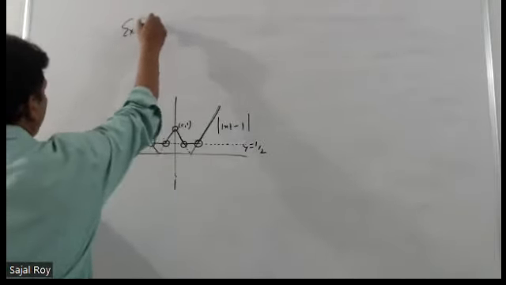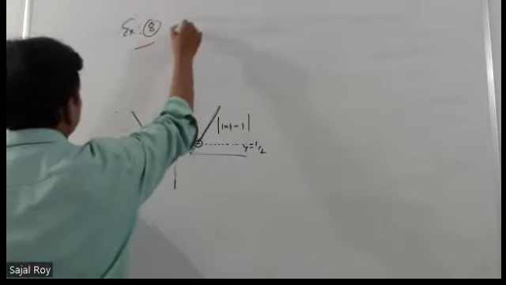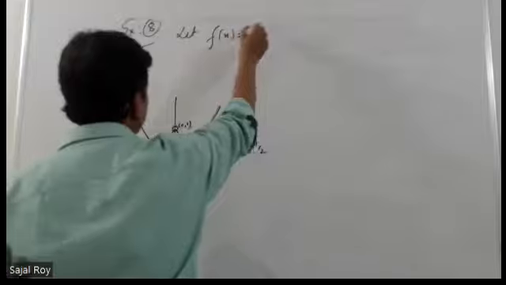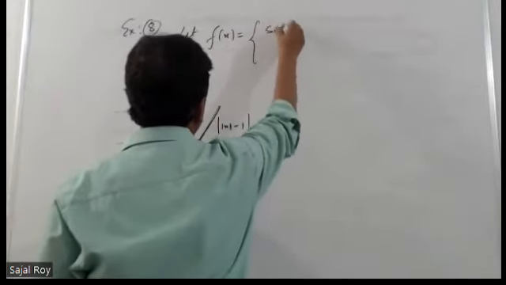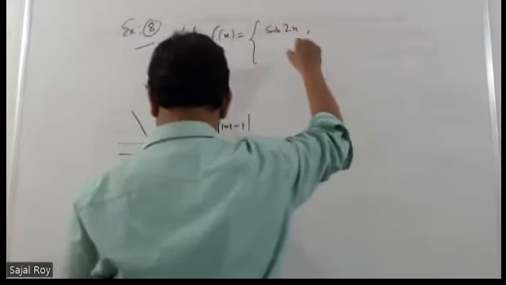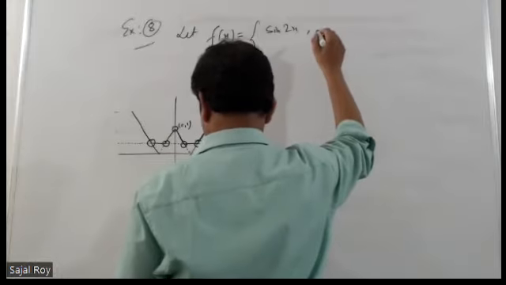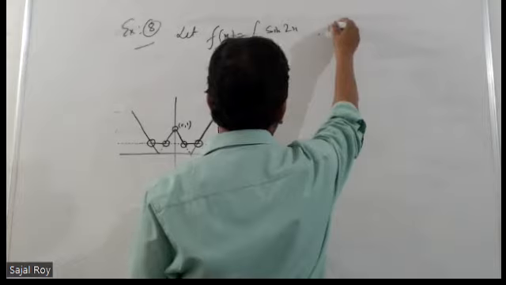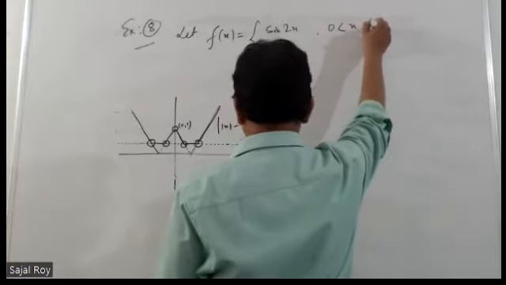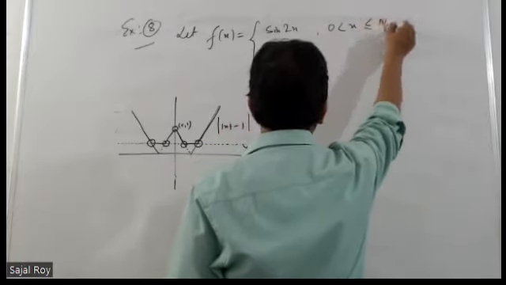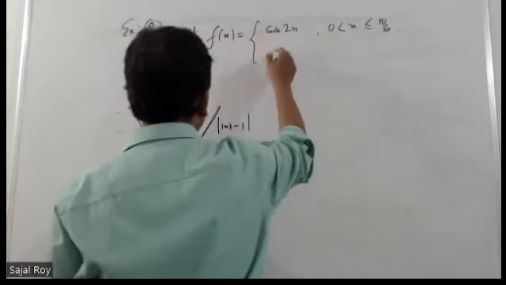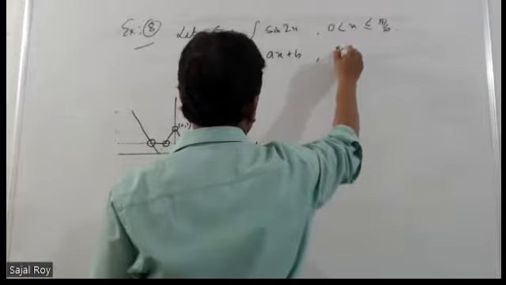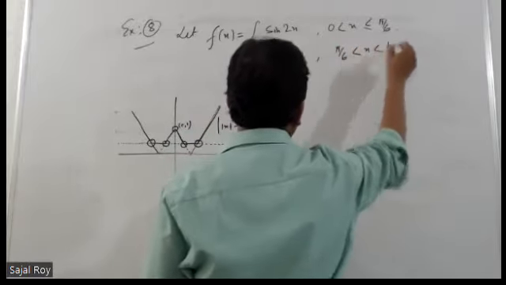Next question, number 8. Let f(x) equal to sin 2x for 0 less than x less than or equal to pi by 6, and ax plus b for pi by 6 less than x less than 1.